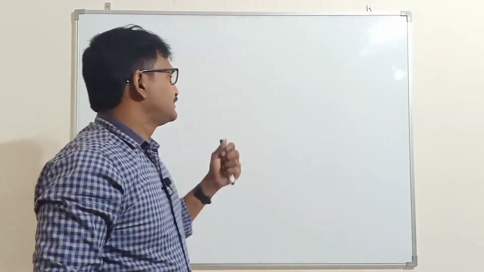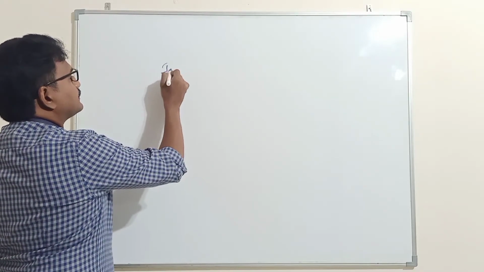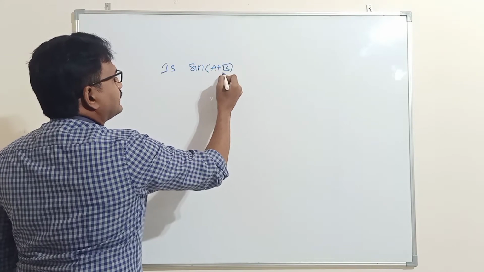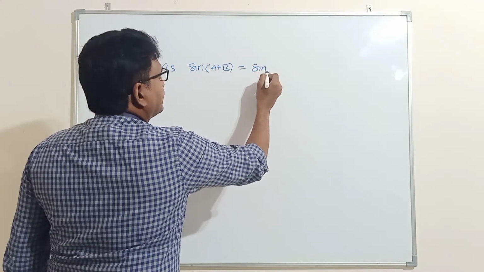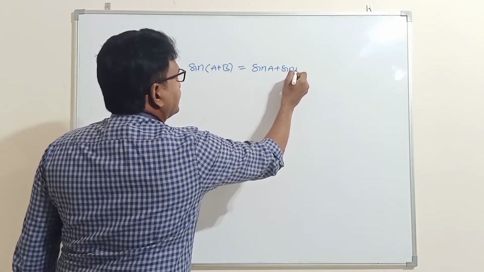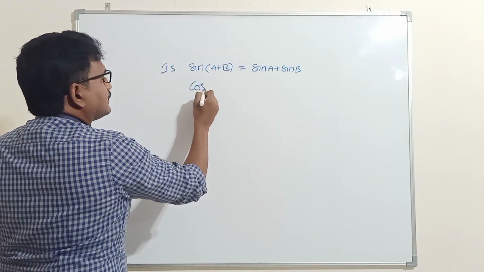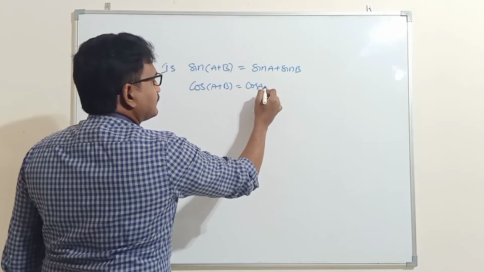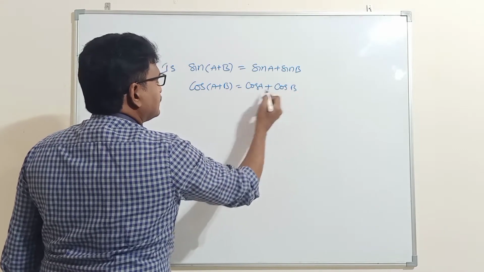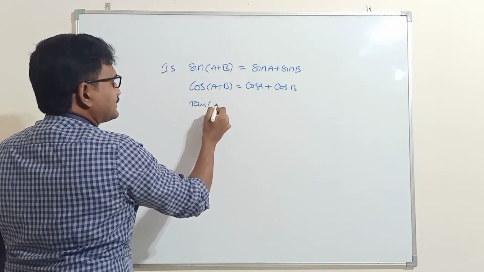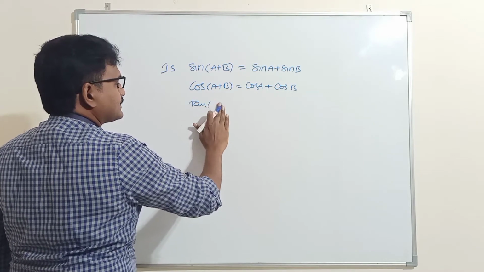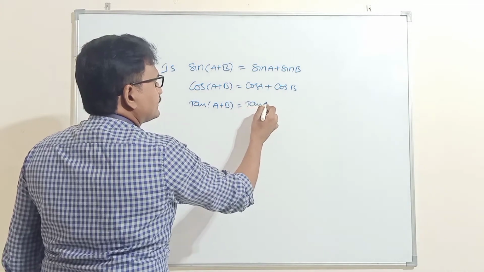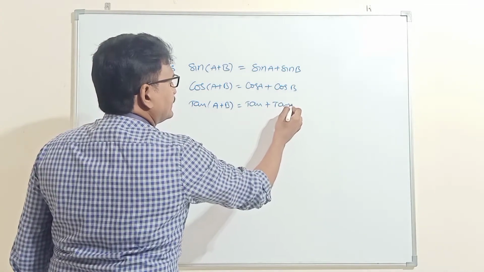Next, my question is: is sin of a plus b equal to sin a plus sin b, or cos of a plus b equal to cos a plus cos b, or tan of a plus b equal to tan a plus tan b?